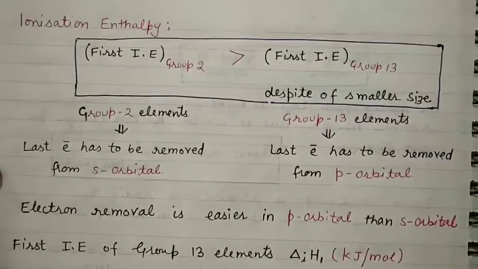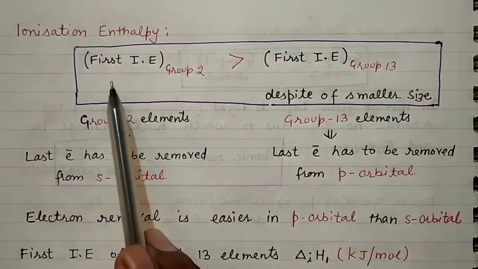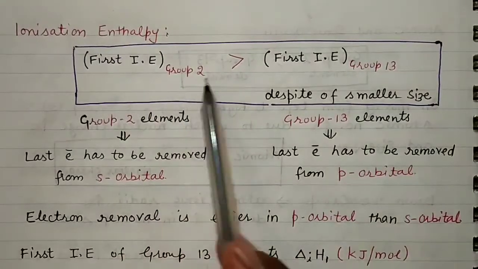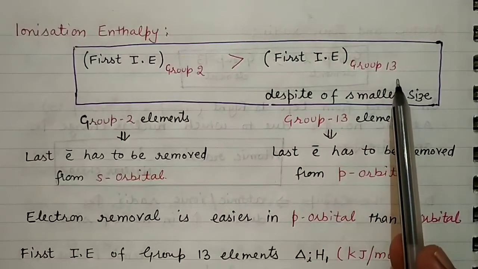Now if you see the ionization enthalpy, the value of the first ionization enthalpy for group 2 is greater than that of the first ionization enthalpy for group 13.